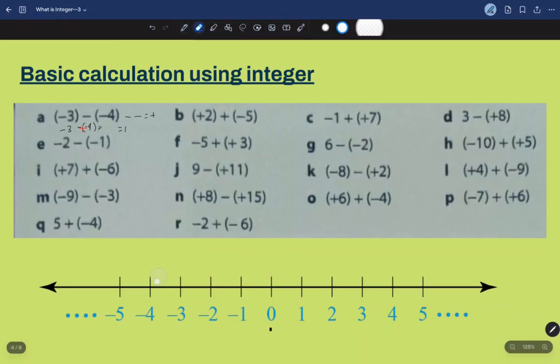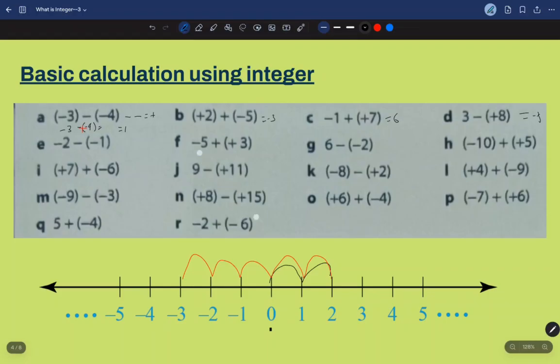Let's try B: positive 2 and negative 5. Positive 2, 1, 2. Let's go negative 5: 1, 2, 3, 4, 5. Negative 3. But we should be able to do that quickly in our head. Negative 1 plus positive 7 is 6. 3 minus positive 8 equals negative 5.